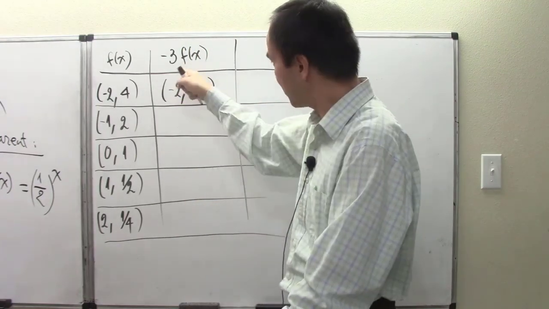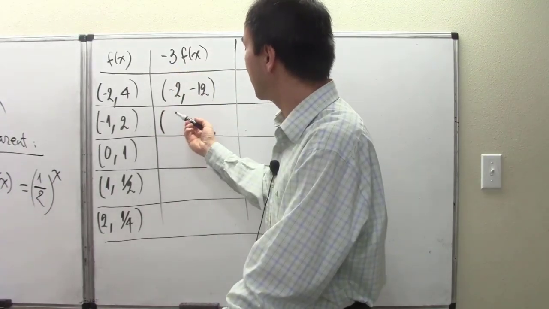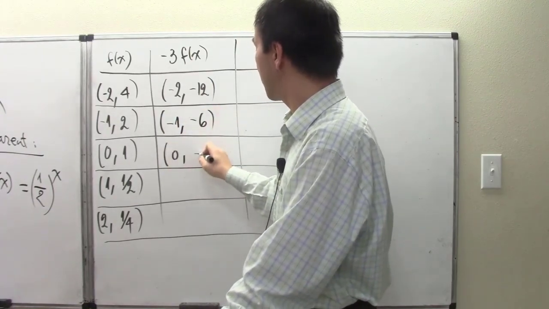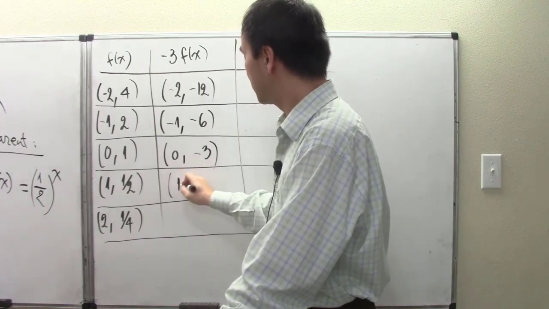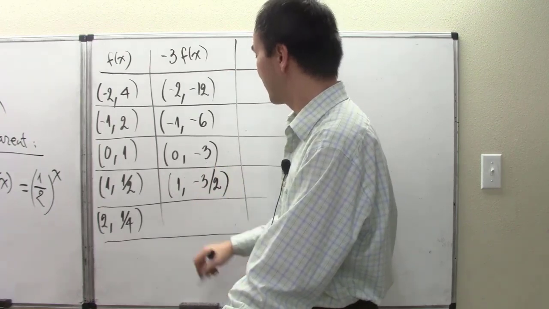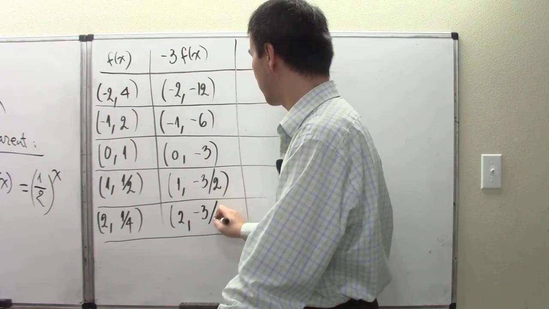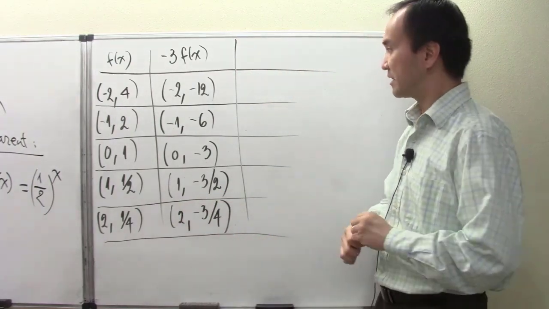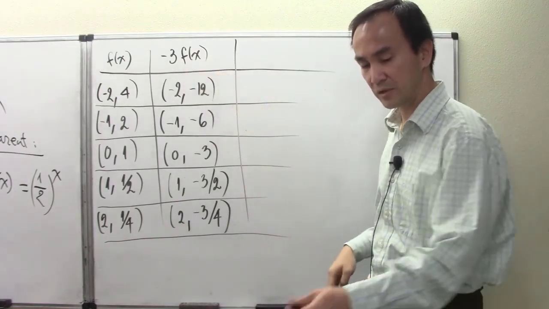Multiply the -3, that coefficient, to every y value. Okay, and so now (-1, -6), (0, -3), (1, -3/2). Okay, and then (2, -3/4). That's how my values are. That's how I multiply -3 to all the y values here, to every y value.